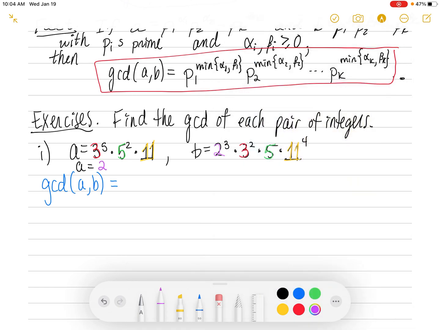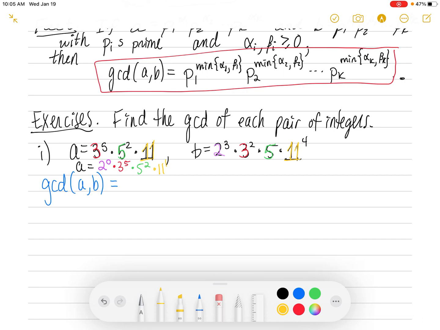I could say 2 to the 0 power times 3 to the 5th times 5 squared times 11 to the 1 power. So even though A didn't have a 2 prime, I still made it 2 to the 0 power.